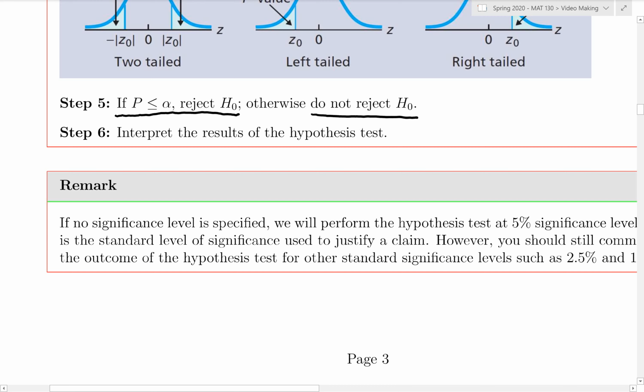State the null hypothesis and alternative hypothesis, and find the probability of getting a sample as extreme as the one we have under the assumption that the null hypothesis is true. And once we have that probability, compare that with our significance level. All right, and that's going to tell us whether to reject or not reject H naught.